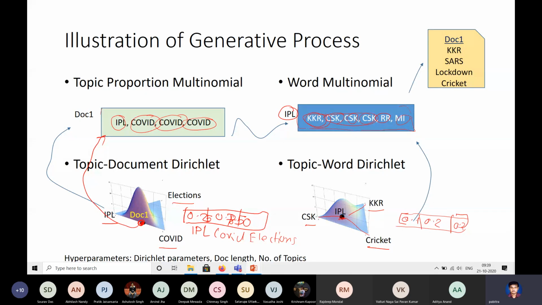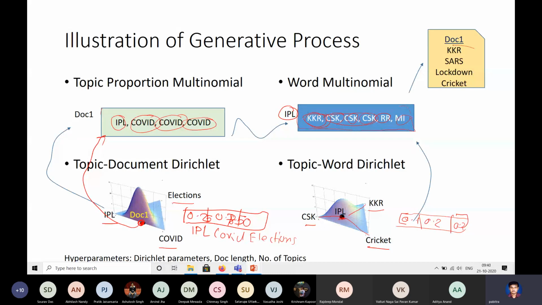So it will give me a probability. Okay, so this would give me the proportion. So according to these proportions, I pick up a ball from this box. Let's say the ball is KKR. So KKR is my final observed word that goes into the bag of words of doc1.